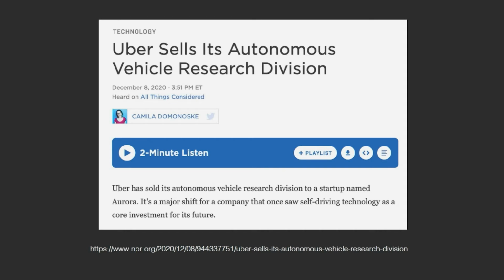So at the end of 2020, they sold the division they had created for the development of self-driving cars. That is, despite its very deep pockets, Uber said it's too far and too expensive. So this is an example of the dynamics that I've told you about.